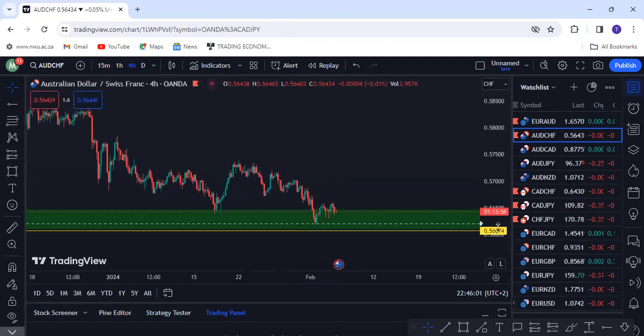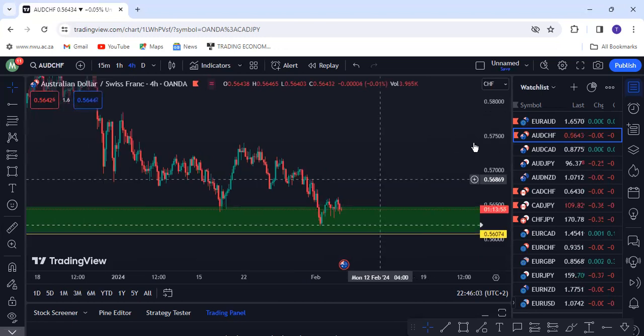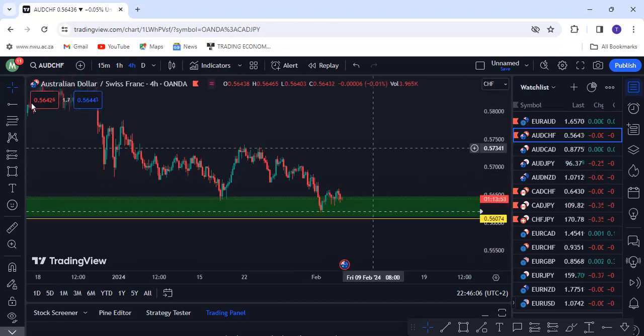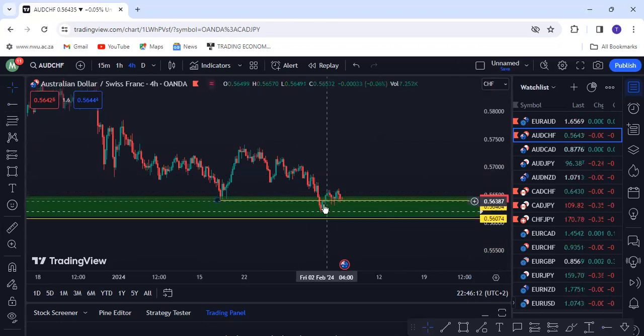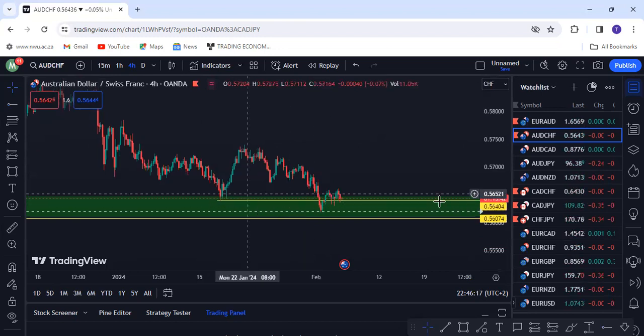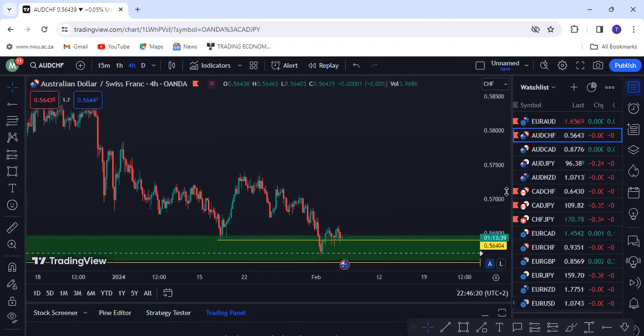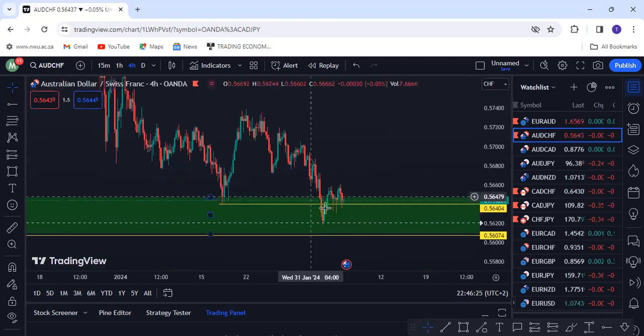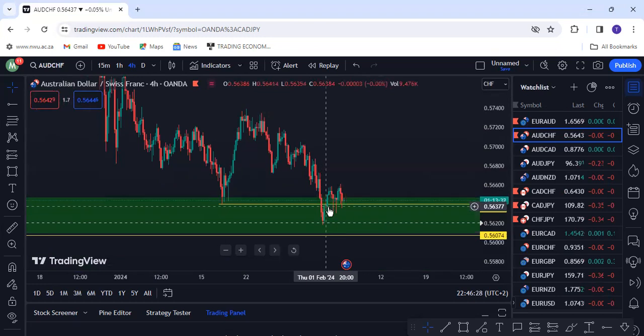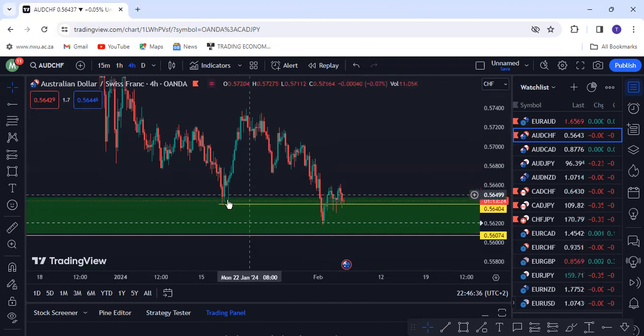Now, how are we going to enter our buy opportunity? Our first entry is an entry that we missed. For this pair, this is what we were looking for. The market moved a reasonable number of pips below this support zone, and the market then convinced breakout traders that this is a breakout of this zone, and then we had a lot of sellers here, and when this pullback happened, we then have sellers here trading this as a retest of the zone, and then the market closed above the zone with a reasonable number of pips.